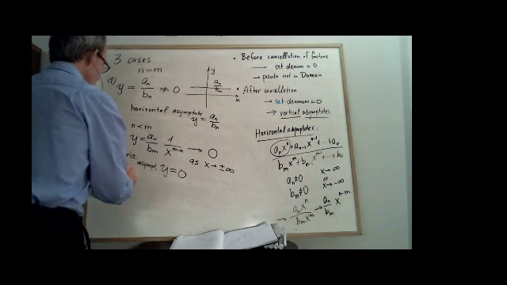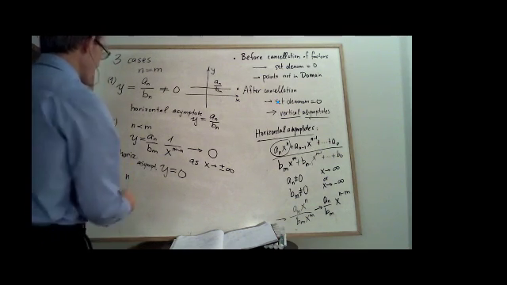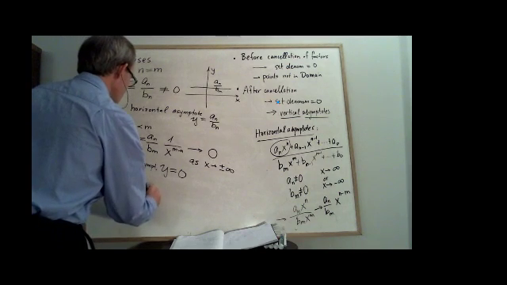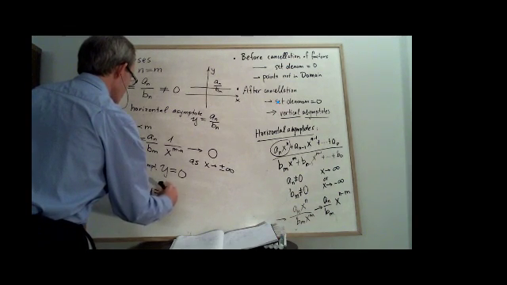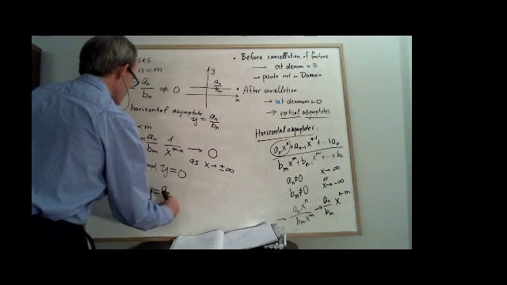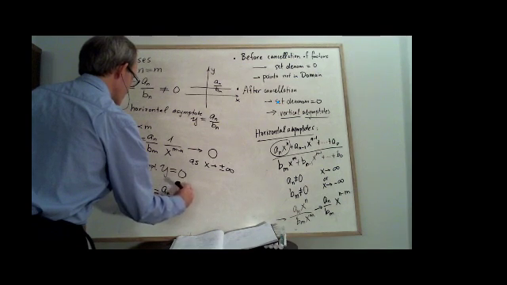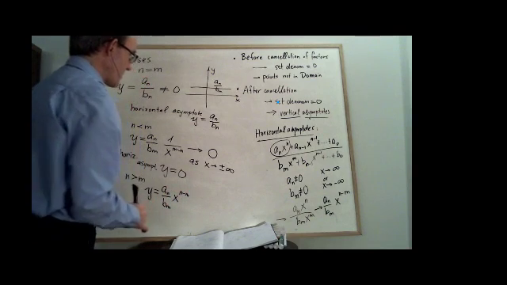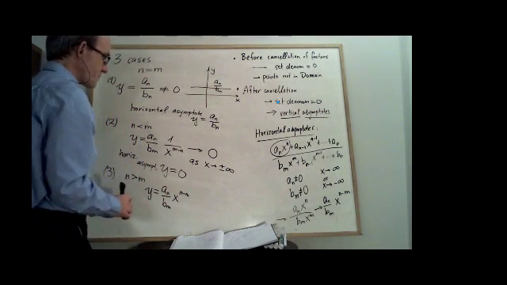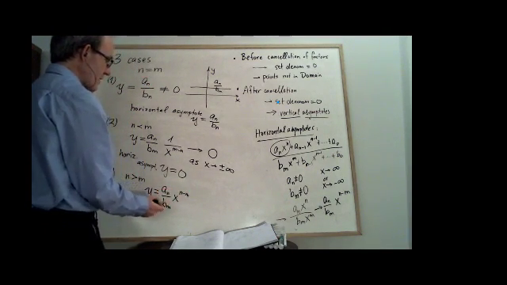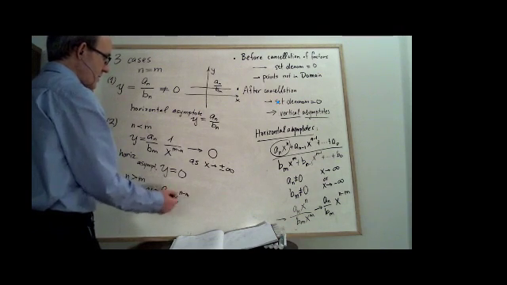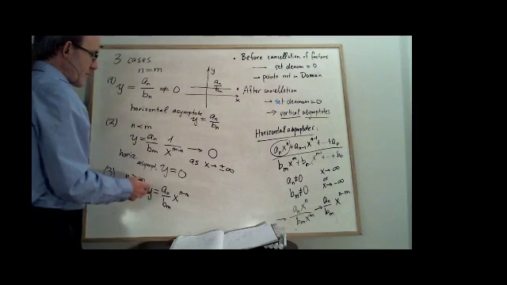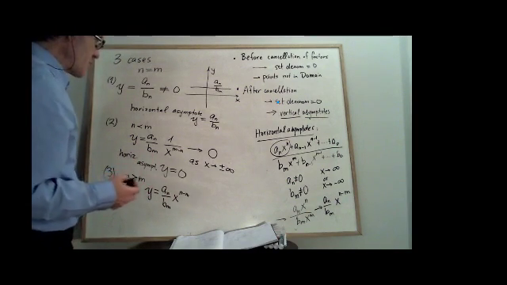Now finally, you could have n bigger than m. So then you have this power law behavior where this is a positive integer, positive whole number. So this could be quadratic, this could be cubic. All right, so that's not going to be really a simple asymptote.